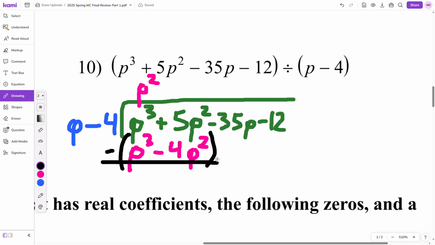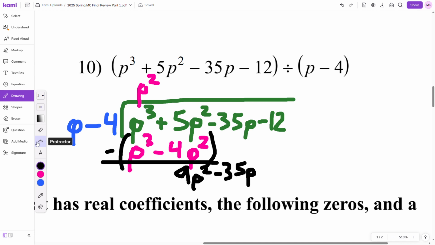P cubed minus p cubed is 0. 5p squared minus negative, in other words, plus 4p squared is 9p squared. Then we bring down the next term, and then we start that process over again.